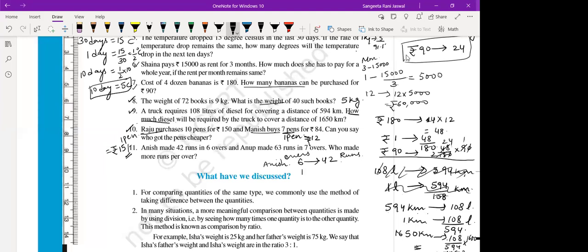So that means in 1 over, how many runs did he make? 42 by 6. Yes, Trilokya. Okay, now for Anup, Anup made 63 runs in 7 overs. So please find out for Anup also.